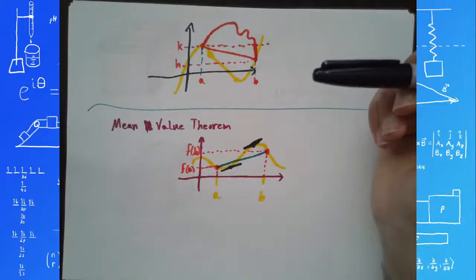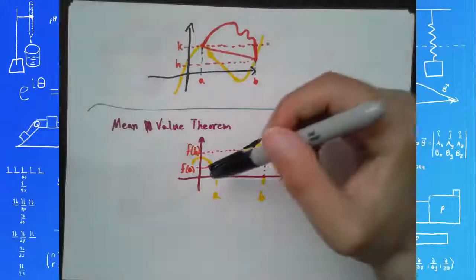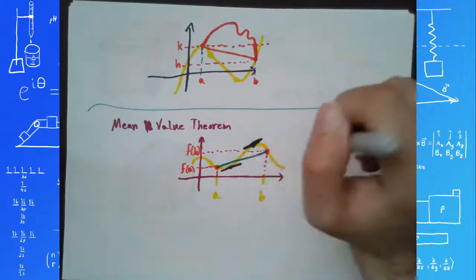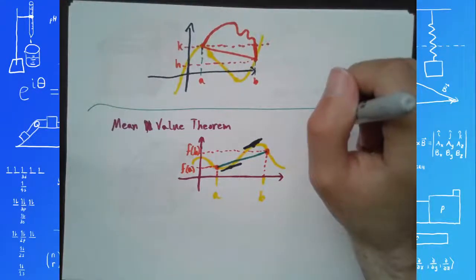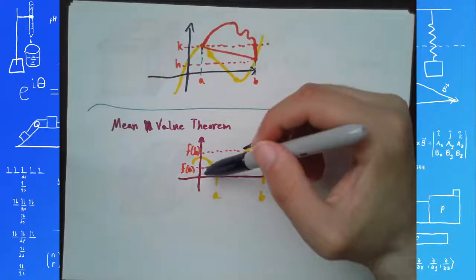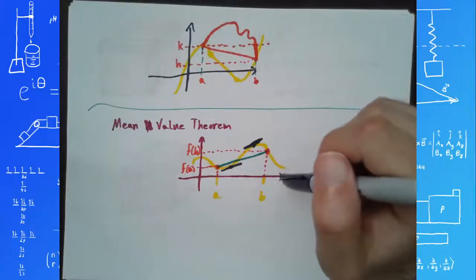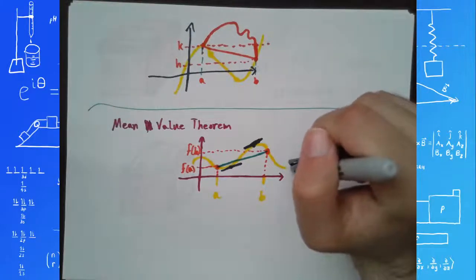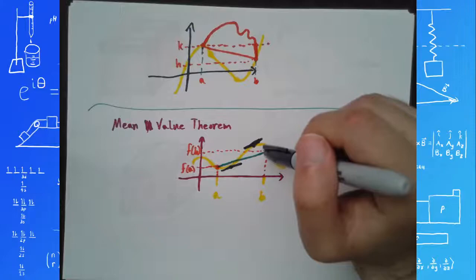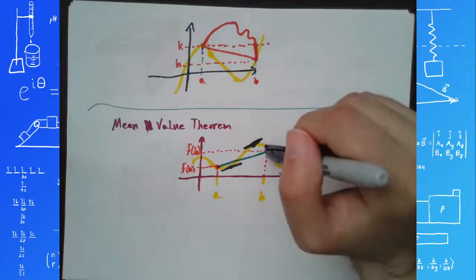So let me see, how would I interpret the slope of the secant line in that version of events?